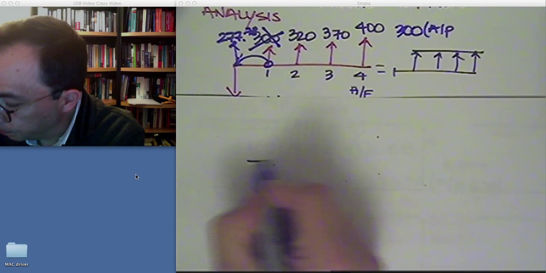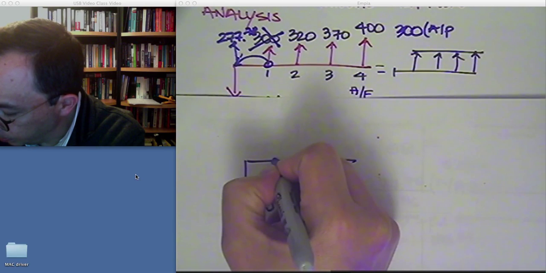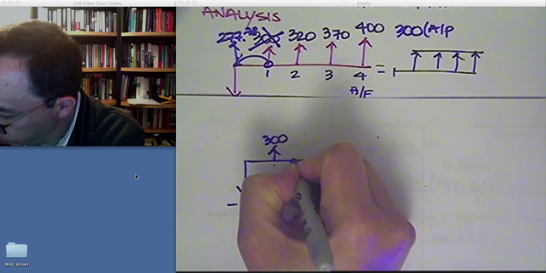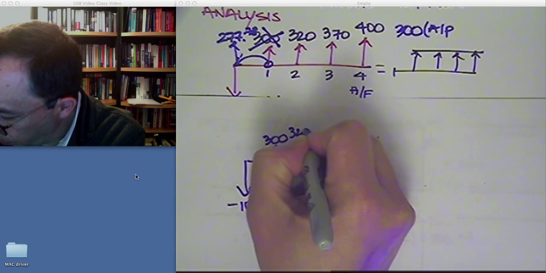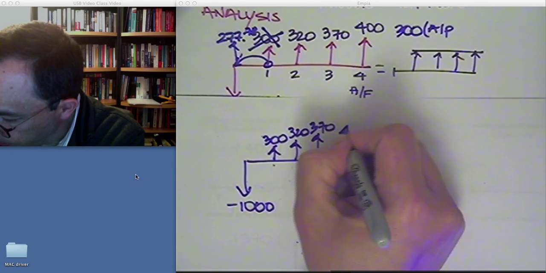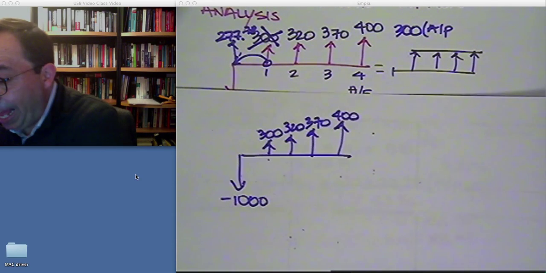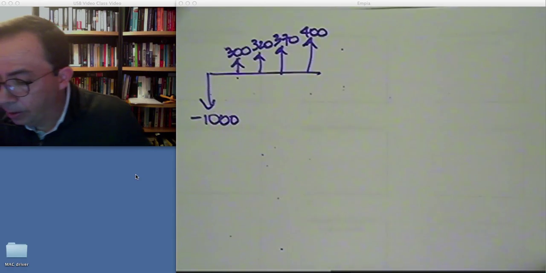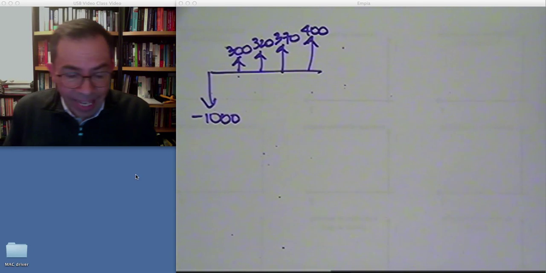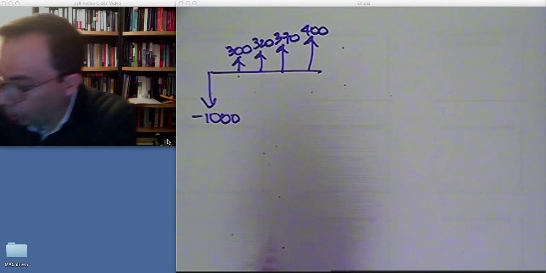Instead of having something like this, 320, 370, and 400. Instead of that bit, what I have so far is one negative amount, because this one is negative, for 301.